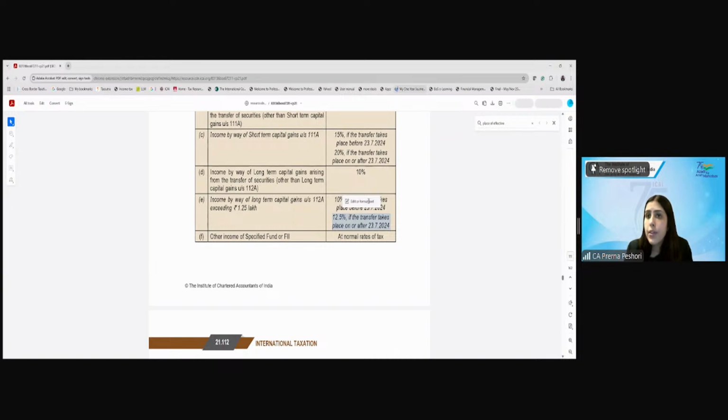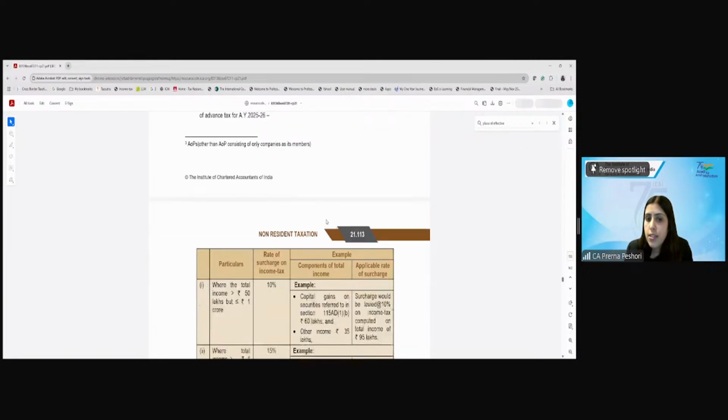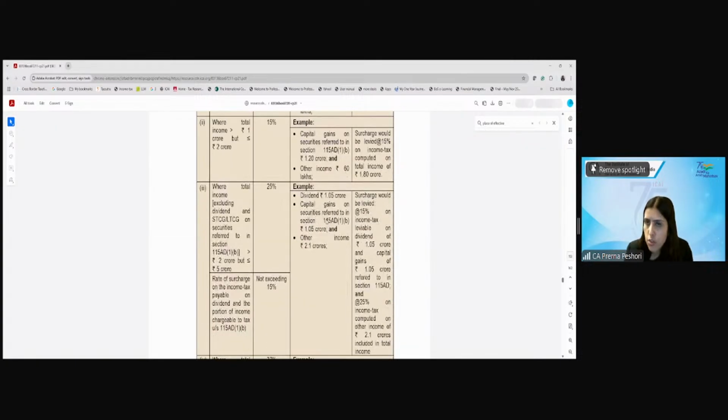Now, here one important point that you have to remember is the surcharge. The highest rate of surcharge on the STCG, LTCG and dividend, even if the income exceeds 2 crores, will be restricted to 15%.